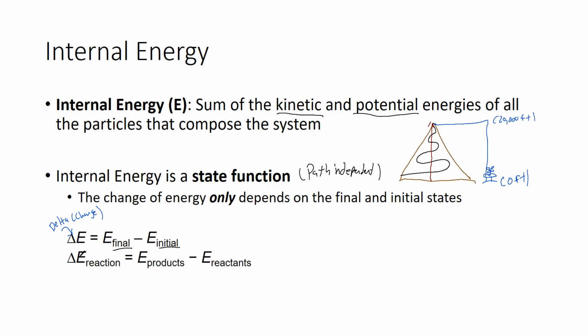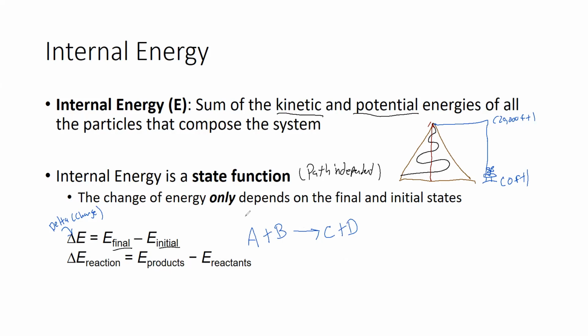So the change of energy of a reaction is the energy of the products minus the energy of the reactants. In case you're not sure what a product and a reactant is, let's have molecule A plus molecule B goes to molecule C plus molecule D. That's our chemical reaction.